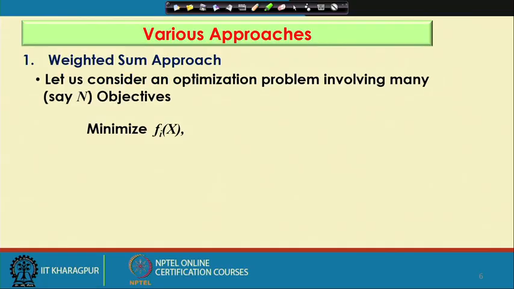There are some other traditional approaches, and after that the principles of the non-traditional optimization tools have been used to tackle this type of multi-objective optimization problem. So, gradually I am just going to discuss these methods, these tools one after another. Now, let me start with the first approach, that is called the weighted sum approach.